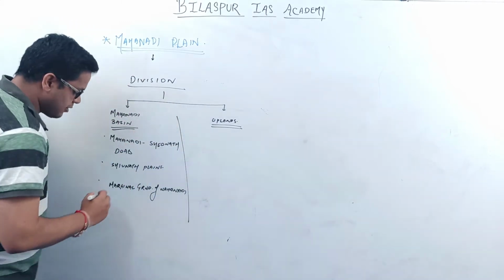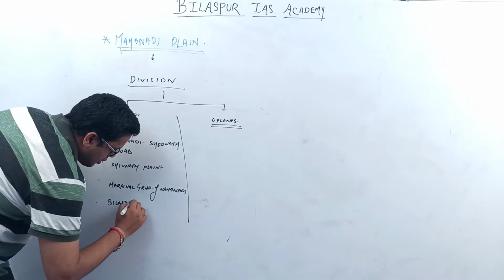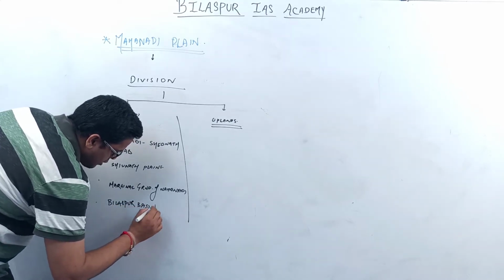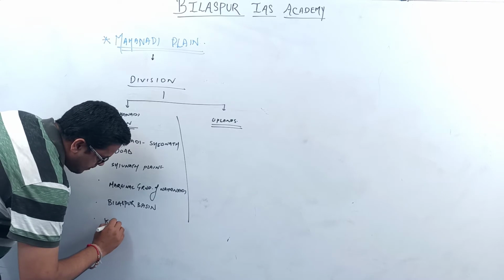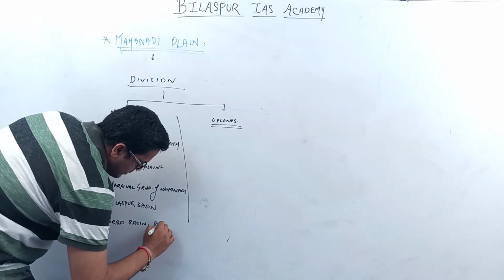Then on the northern part we will have the Bilaspur Basin, the Korba Basin, and the Raigarh Basin.